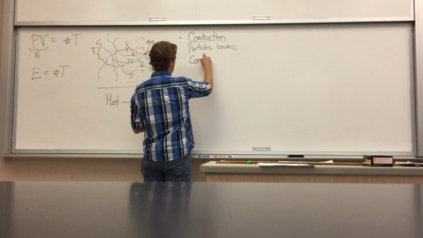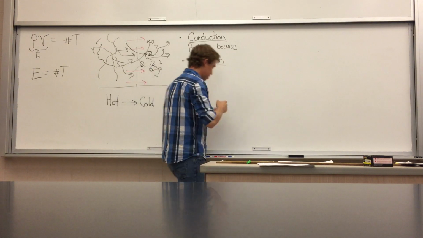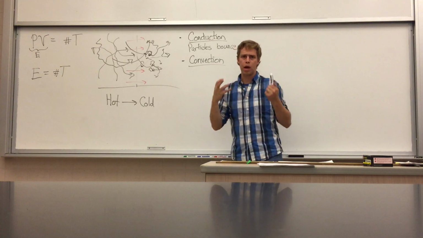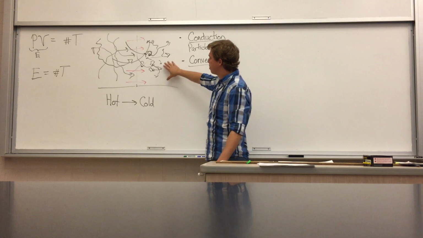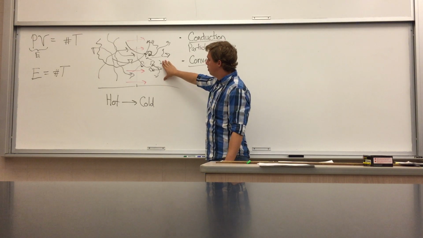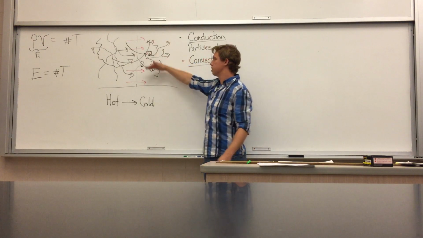Then there's convection. Convection is, I think, the hardest one to wrap your head around, but I think there's an easy way. Imagine that instead of these particles being stationary, there was a flow here, right?